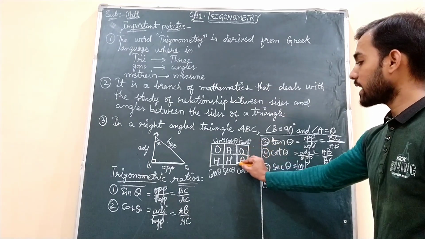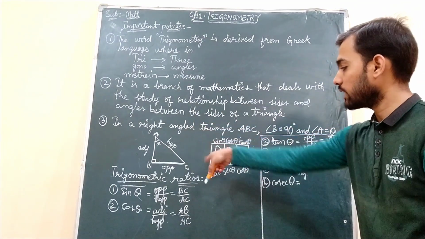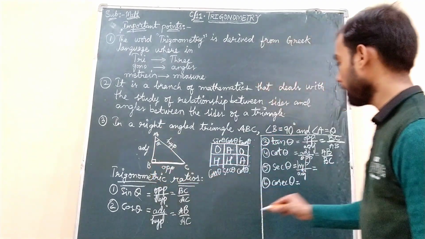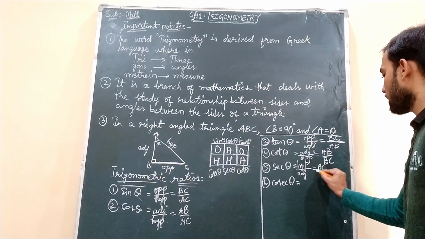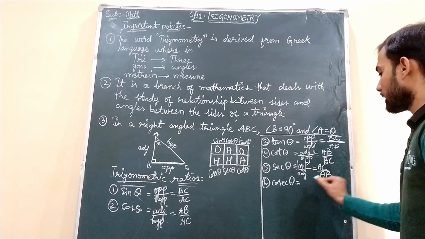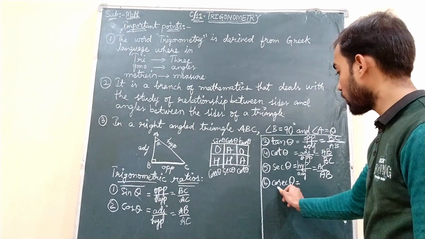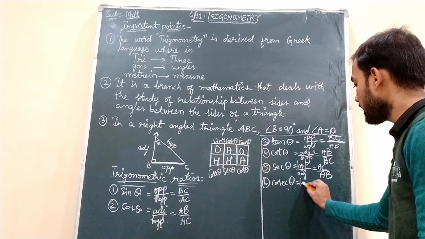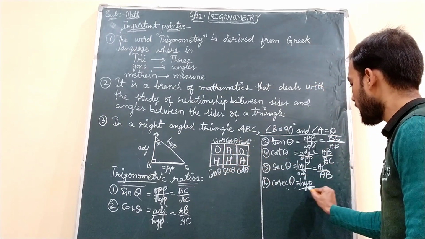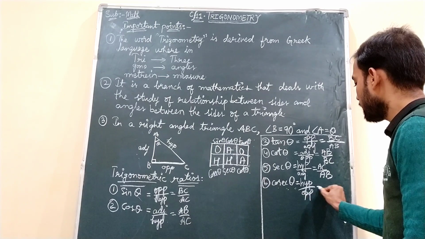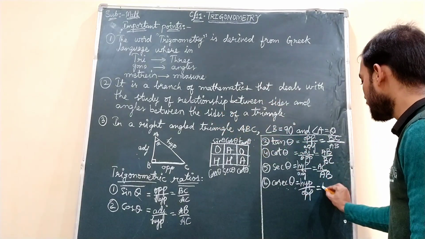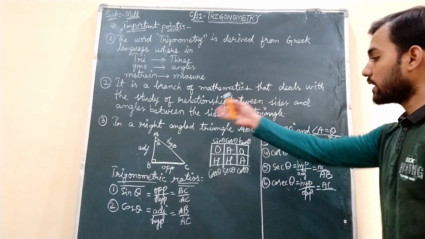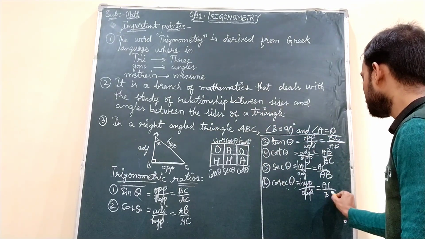Which is the hypotenuse side in the triangle? AC is hypotenuse and adjacent is AB. So AC by AB. And the last trigonometric ratio is cosecant theta. Cosecant theta formula is hypotenuse by opposite. Hypotenuse side in the triangle is AC and opposite side in the triangle is BC.